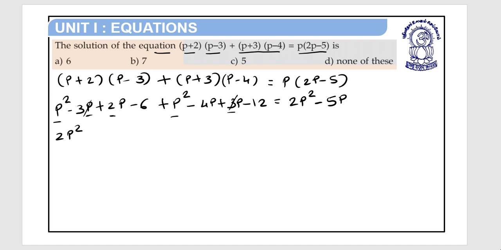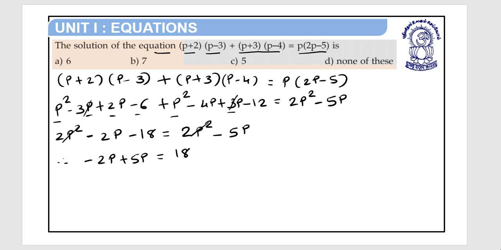Minus 3p plus 3p cancel. So minus 4p plus 2p, so minus 2p. Minus 6 minus 12, minus 18. 2p square minus 5p, 2p square cancel. So minus 2p plus 5p is equal to 18. 5p minus 2p, 3p, is equal to 18.